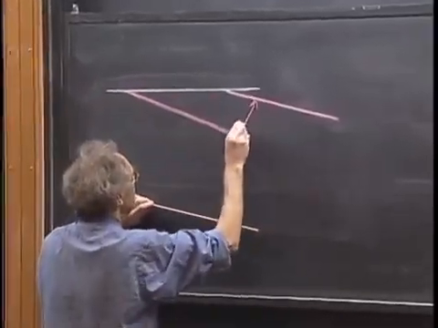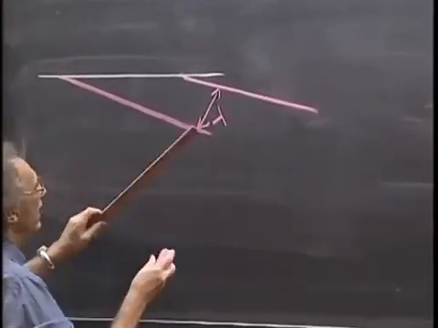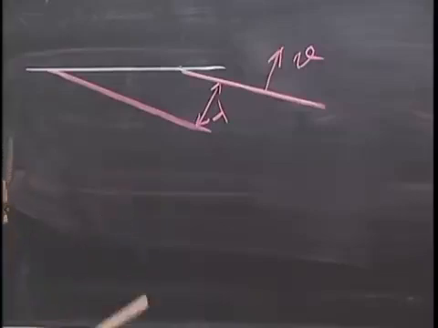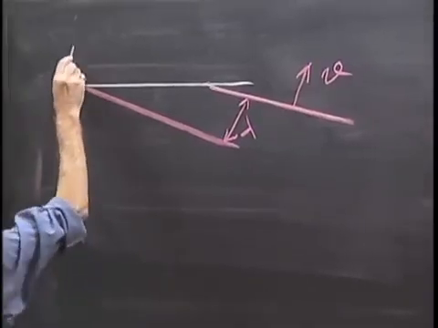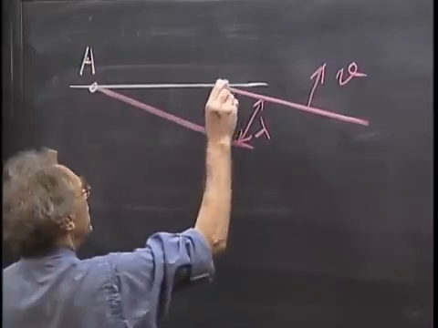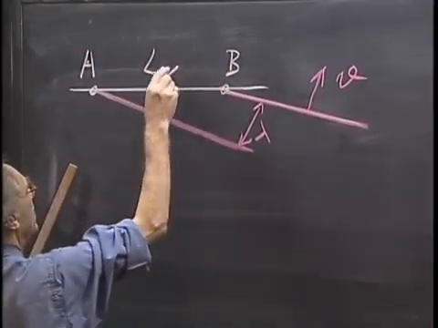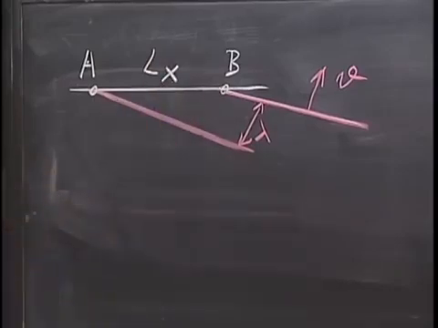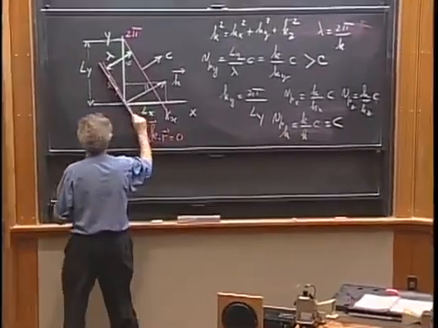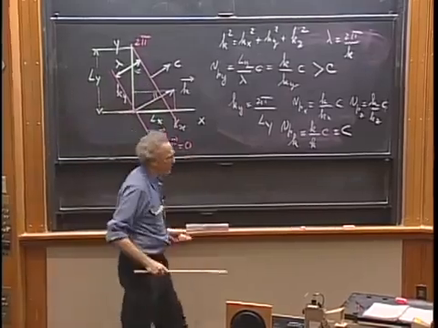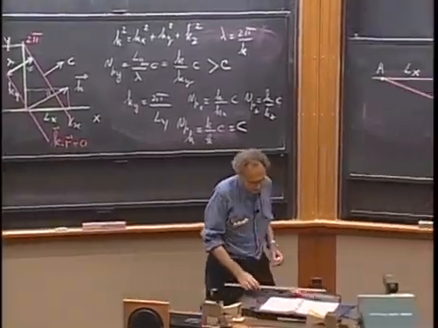This is per definition the wavelength lambda, and all of that moves with velocity v. But the intersection of these two waves, here at point A and here at point B, I call this distance L of x. I could have called it L of y, just as I did here. It's the intersection with this axis that I gave the symbol L of y. I call it there L of x.